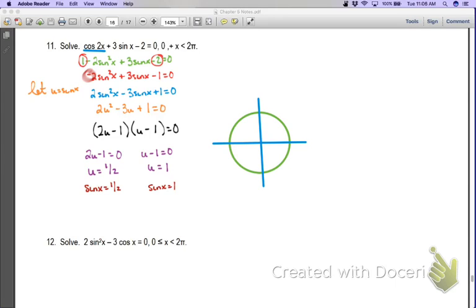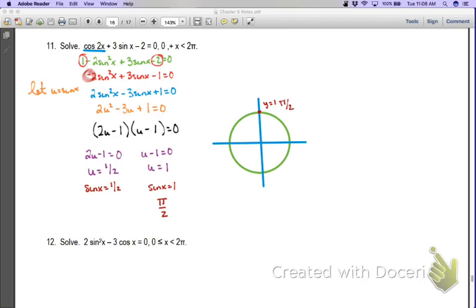Well, when is my y value 1? Okay, that's the easy one. Y value is 1, right up top. Okay, y is 1 at pi over 2. So pi over 2 is one of my answers.